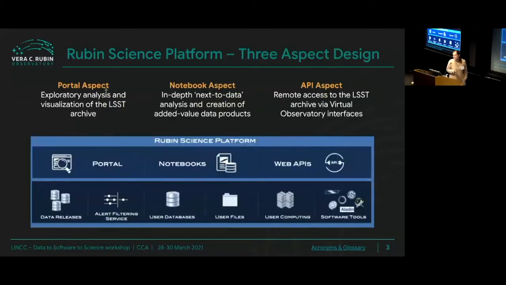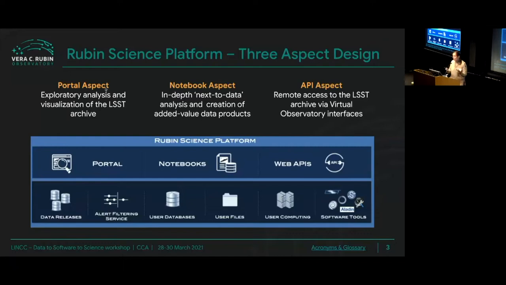The design of the science platform contains three aspects. The portal aspect, which will enable exploratory analysis and visualization. So you come in, you don't know what's there, you want to have a look, you just want to wander around. That's a very good way to start through the portal. Then the notebook access allows you to write Python notebooks, Jupyter notebooks in Python, and do in-depth next to the data analysis.